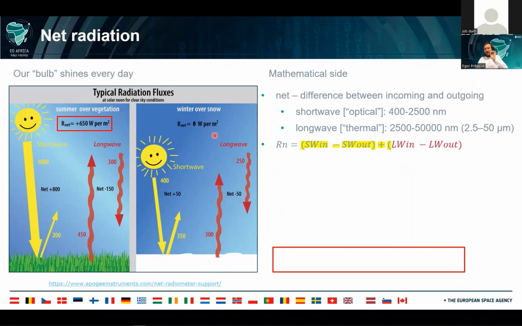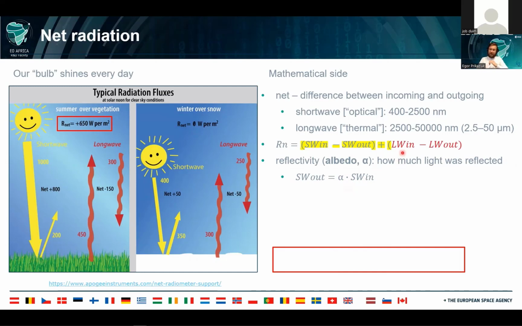Here we finally come to the remote sensing part of it. Remote sensing, with satellites, sees the Earth's surface and it sees how much light was reflected. That's called reflectivity or albedo. So we can estimate the outgoing shortwave radiation as the portion of incoming radiation with remote sensing.